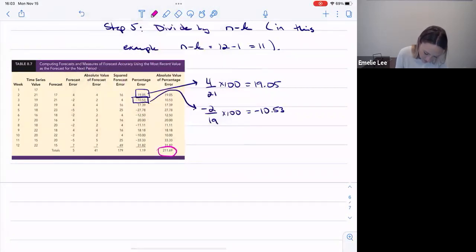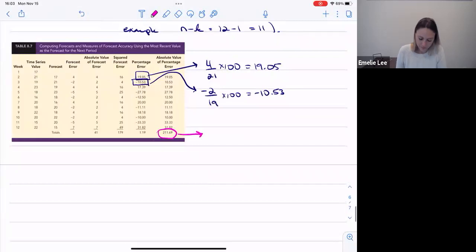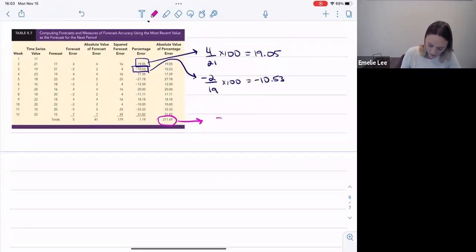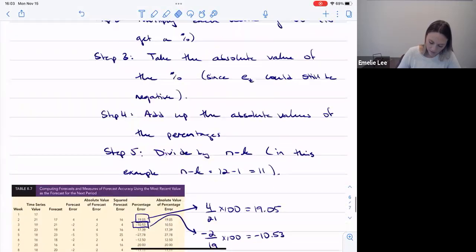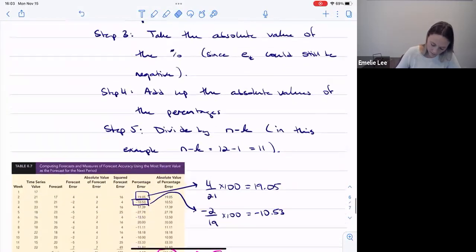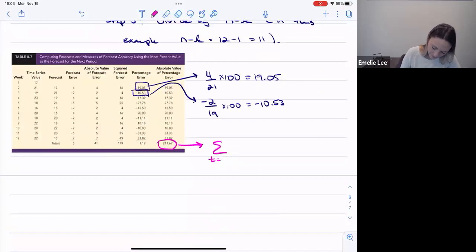I end up here. What is this? This is the sum from t equals k plus 1 to n of the absolute value of E_t divided by Y_t times 100.